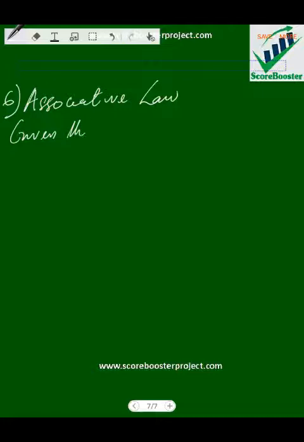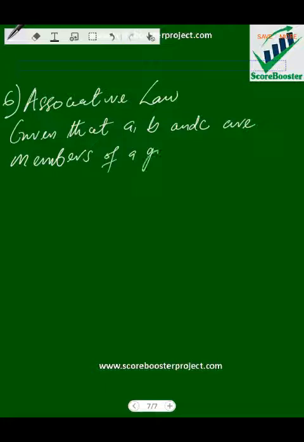Definition of terms 6. Associative law. Given that A, B, and C are members of a given set, right?